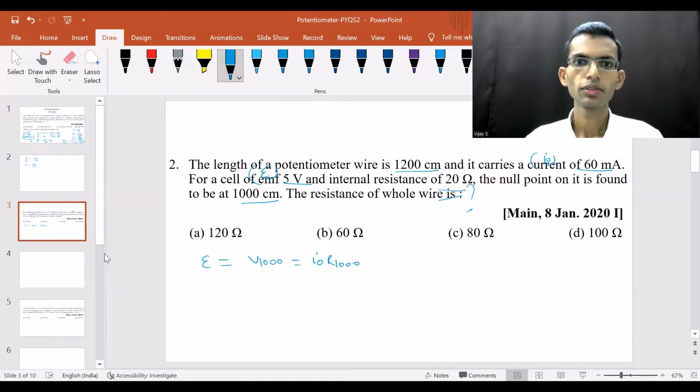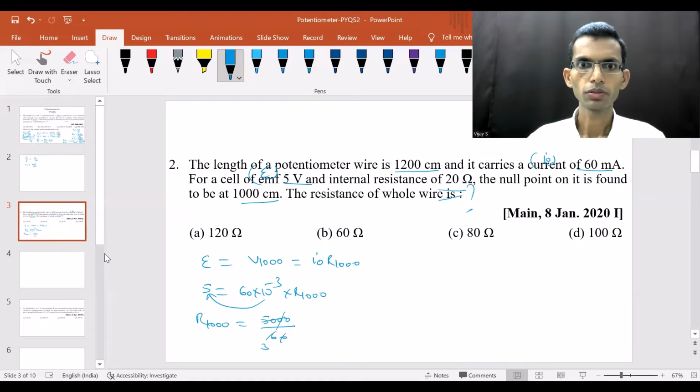E is 5 volts. I naught is 60 milliamp, 60 into 10 power minus 3. R1000 is the resistance of 1000 centimeter. So R1000 is equal to 5000 by 60, which is 250 by 3 ohm.